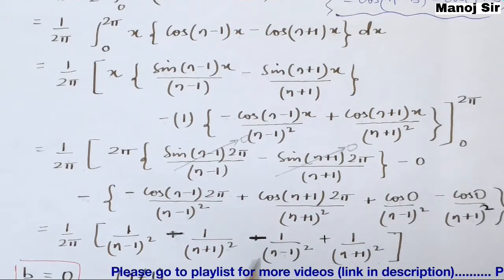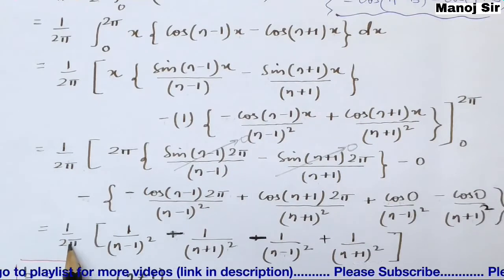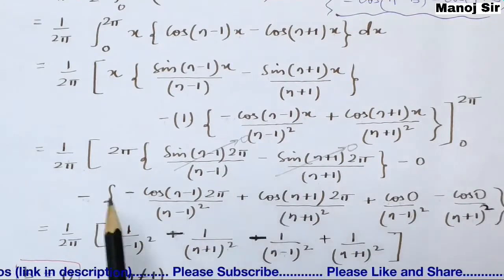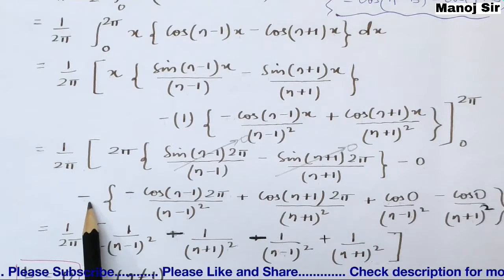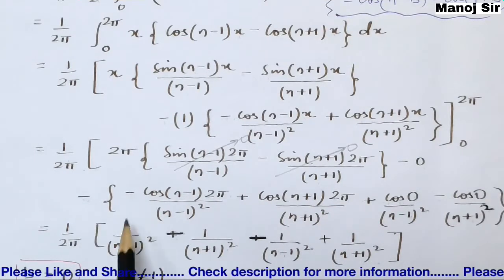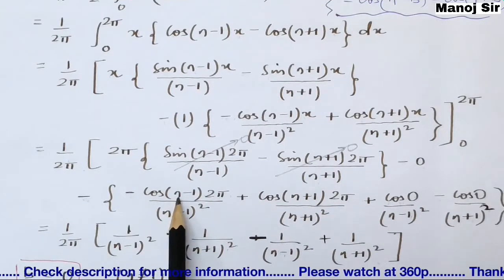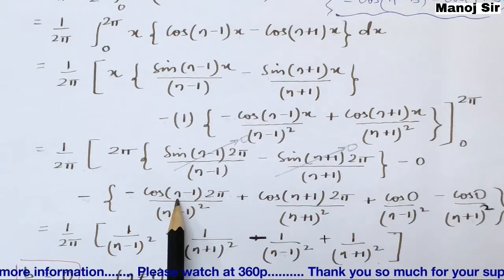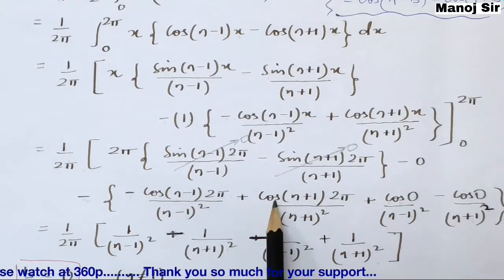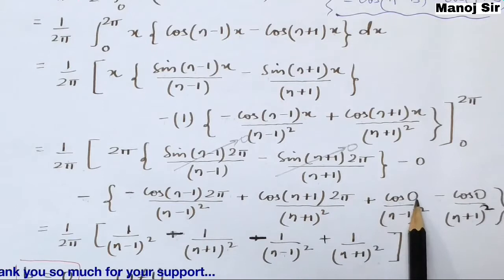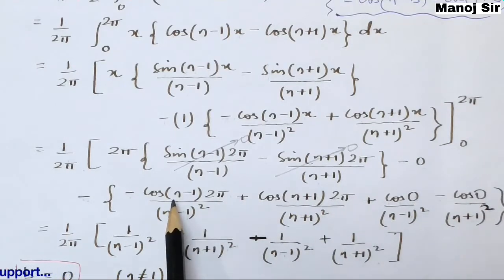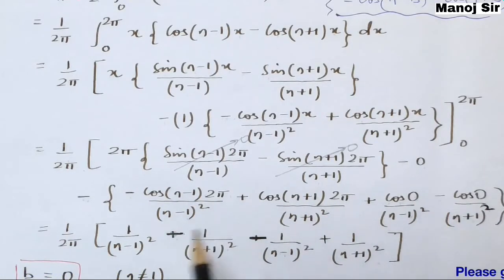So simply writing one by one. Here we have 1 upon 2 pi. Remember one thing, that we have this negative sign, so minus will become positive. If you put n equals to 2 to infinity, this is going to be 1; similarly this will also become 1. Cos 0 is 1, cos 0 is 1, so we have numerator as 1 in all 4 terms.